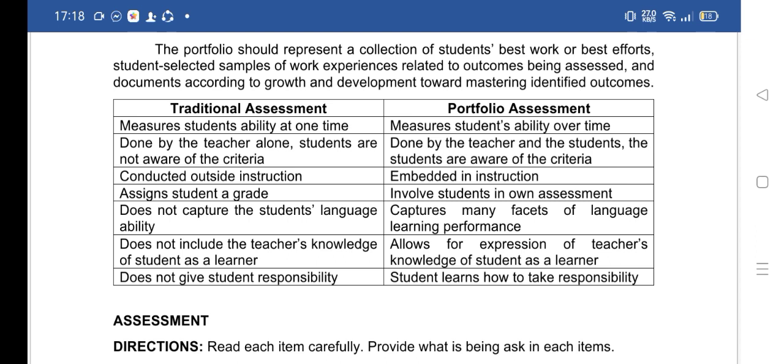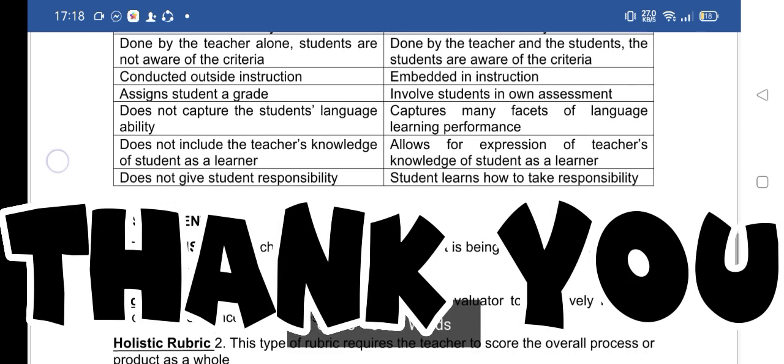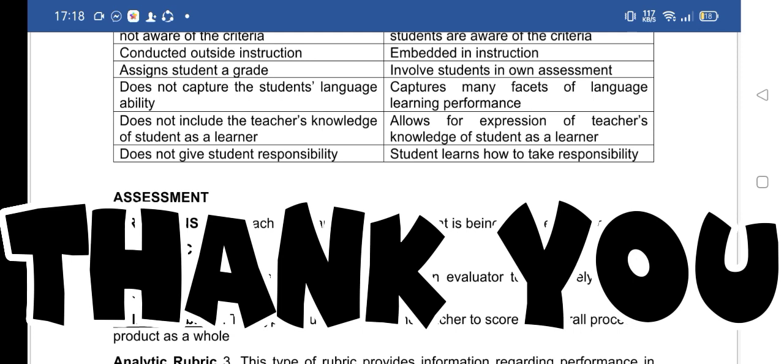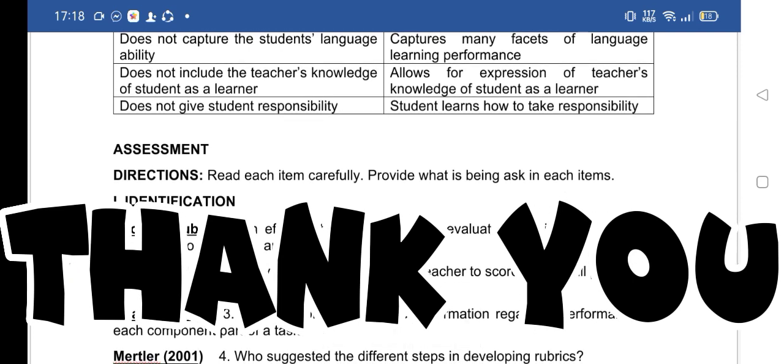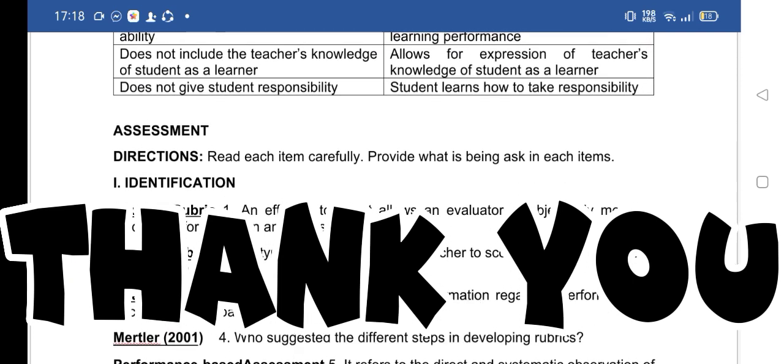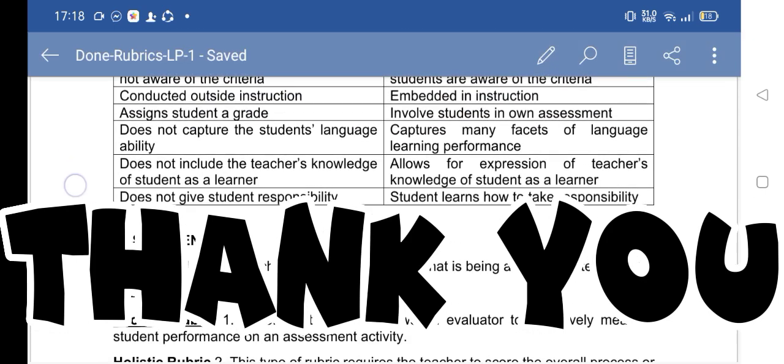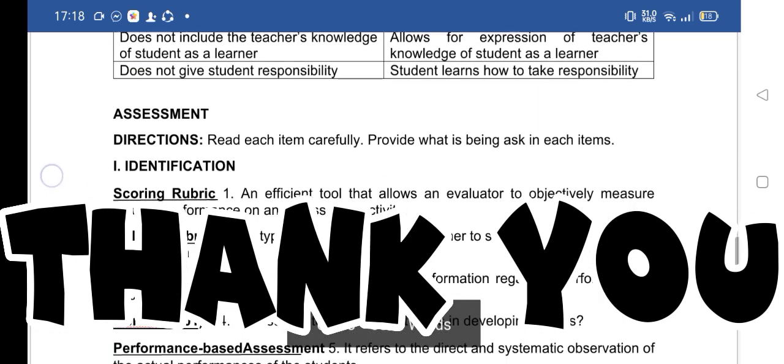So under portfolio assessment, this includes the collection of students' essays, artworks, answer sheets, and etc.